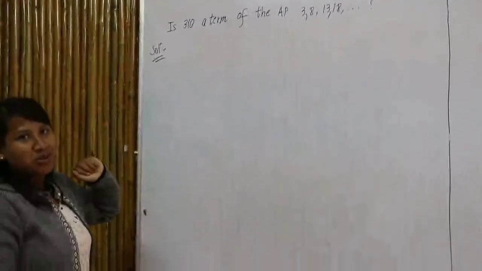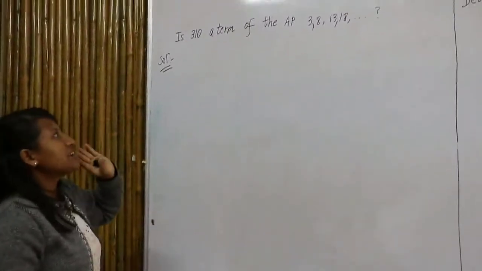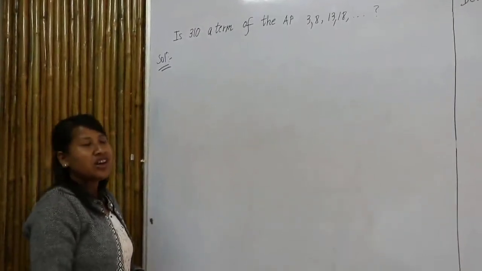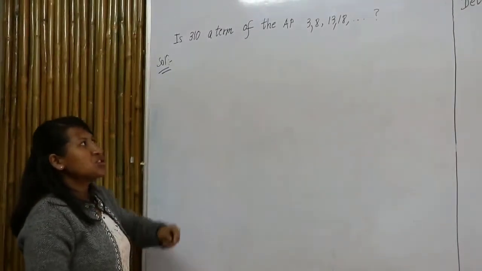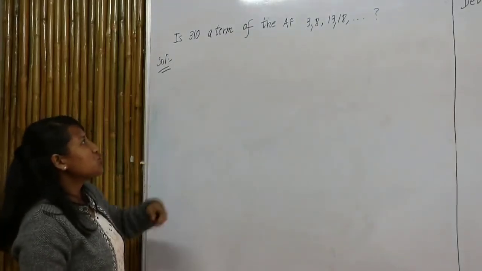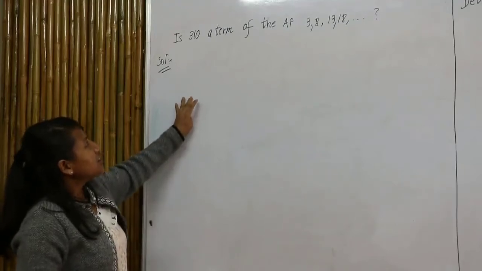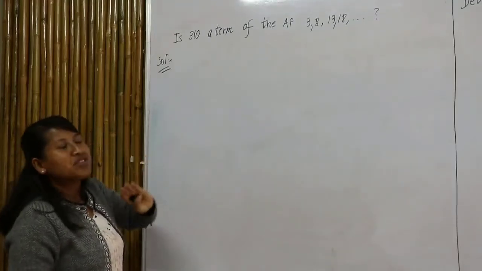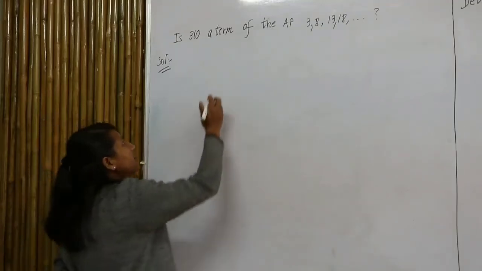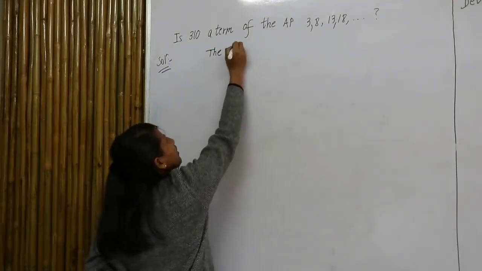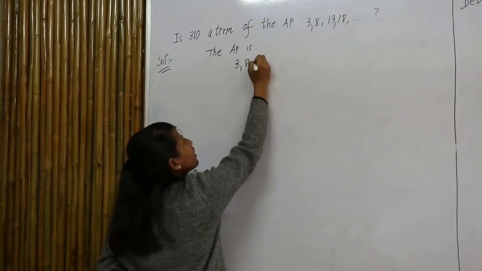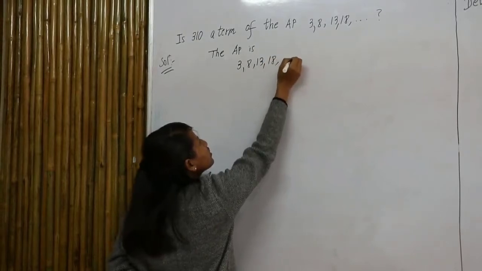This next problem: is 310 a term of the AP? Now these questions they usually give during the MBOSE question paper exam, usually for 2 or 3 marks. Like I said, first we have to write the AP: 3, 8, 13, 18, and so on.